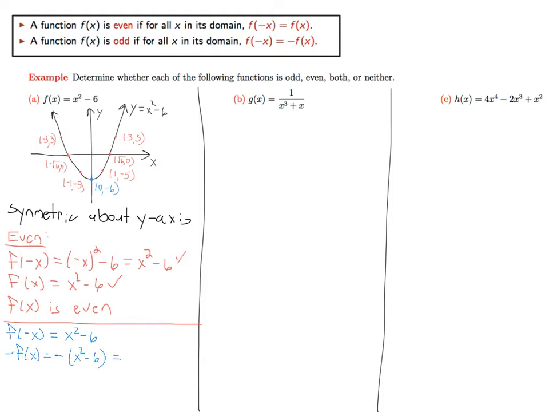And in this case, I would get minus x squared plus 6 when I distribute that negative sign to both terms. And since these two expressions here are not the same, then we would say f of x is not odd.